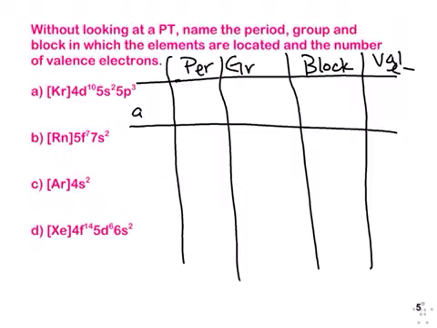So for letter A, what period would we be in? So by period, pardon? The fifth period, good. So we're looking at that number. What group?